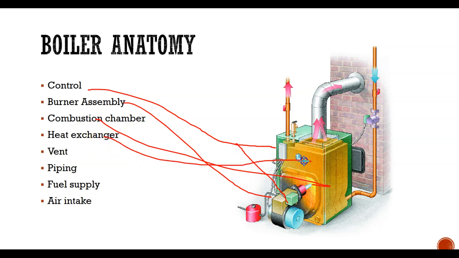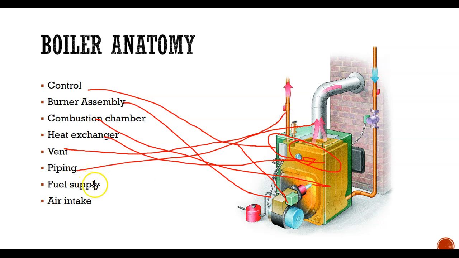This is the heat exchanger, it is always here, so make sure you know where it is because this is where you're going to clean when you do the boiler cleaning. The vent is here, the piping for the hot water or steam. Fuel supply is going to come from here, and this is your air intake here.